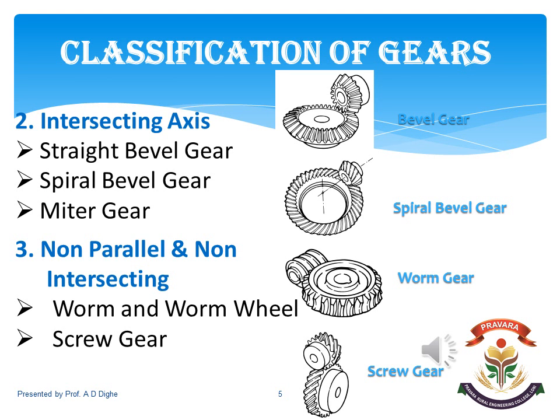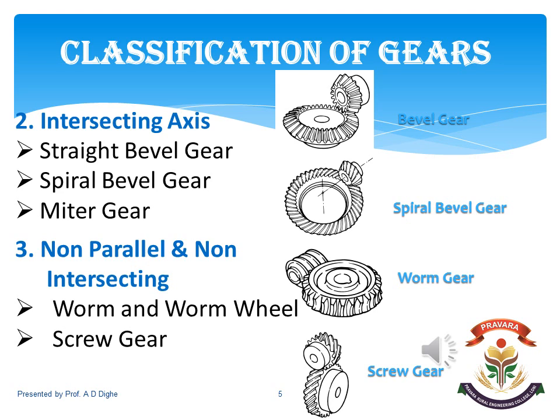Now the second type is according to the intersecting axes of shafts. Basically there are three types: the straight bevel gear, spiral bevel gear, and the miter gear. So what is the difference between the straight bevel gear and the spiral bevel gear? The straight bevel gear has straight teeth, and the spiral bevel gear has teeth in the form of a spiral.